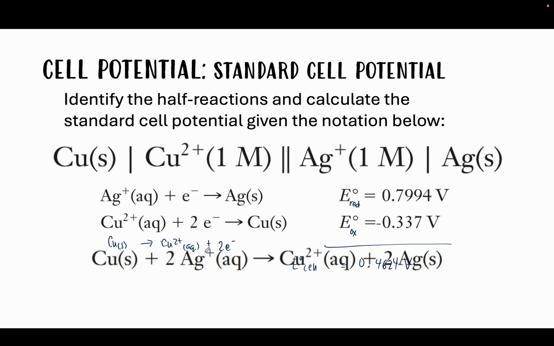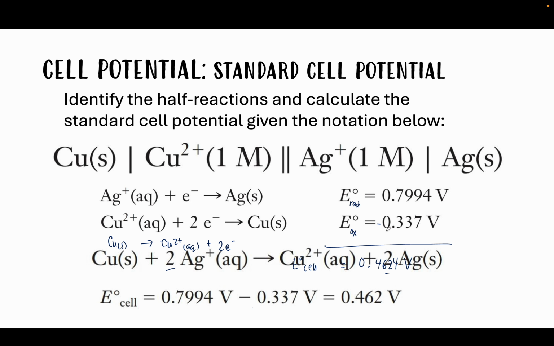By the way, I forgot to add, this is the one I told you earlier. We are to multiply the coefficient, but it does not affect the value of the reduction potential. So we have 0.462 volts or 0.4624 volts, and we already know why this is negative.